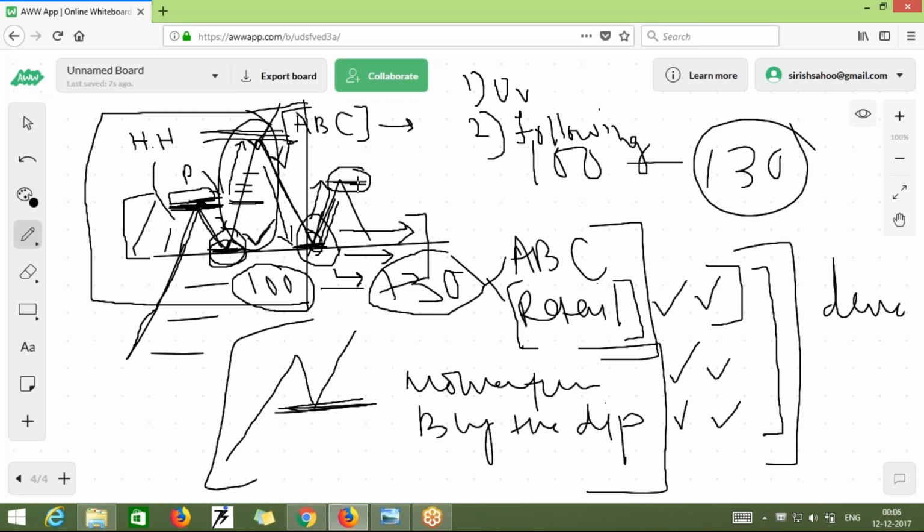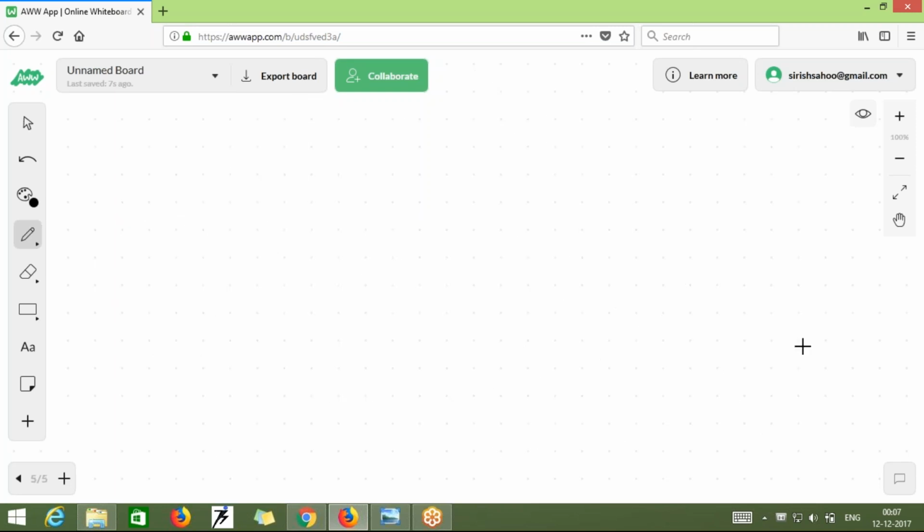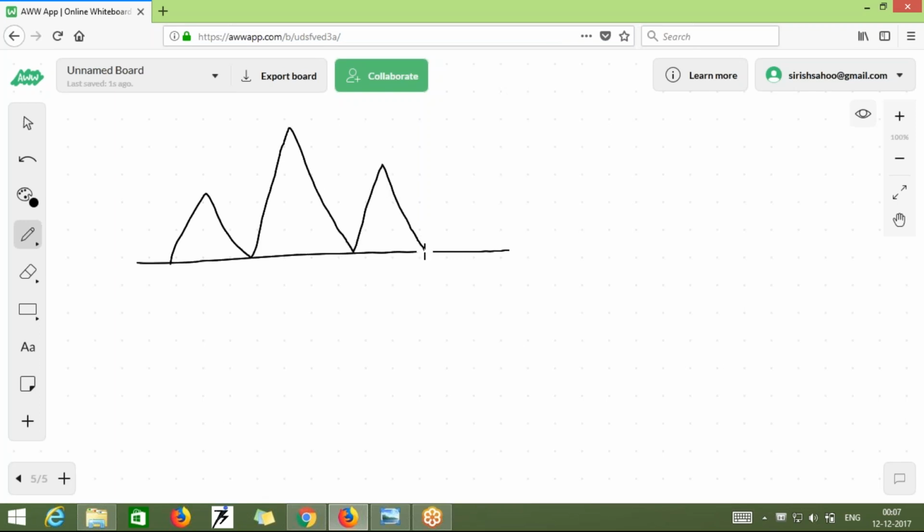So again, one more thing to concentrate on. Just a minute, let me draw it once again so that it can be clear. So I'm just trying to explain this part now. So here you can see this increase in volume, as I said, it was just because of 2 to 3 reasons.